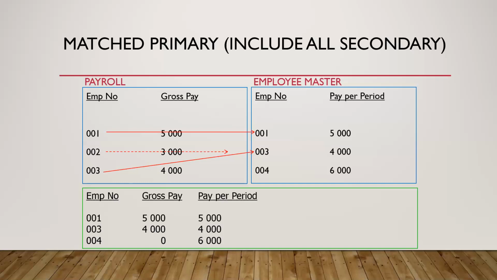Okay, now I just need to be careful here. Notice in my results table on the slide, I've got employee number 4 in the employee number column. That's not what it would look like in the real world, because employee number 4 does not appear in the primary table. So I would actually have a blank space in my employee number column in ACL if I was doing this in ACL. If I needed to see that employee number 4, I should choose from the secondary field section employee number.